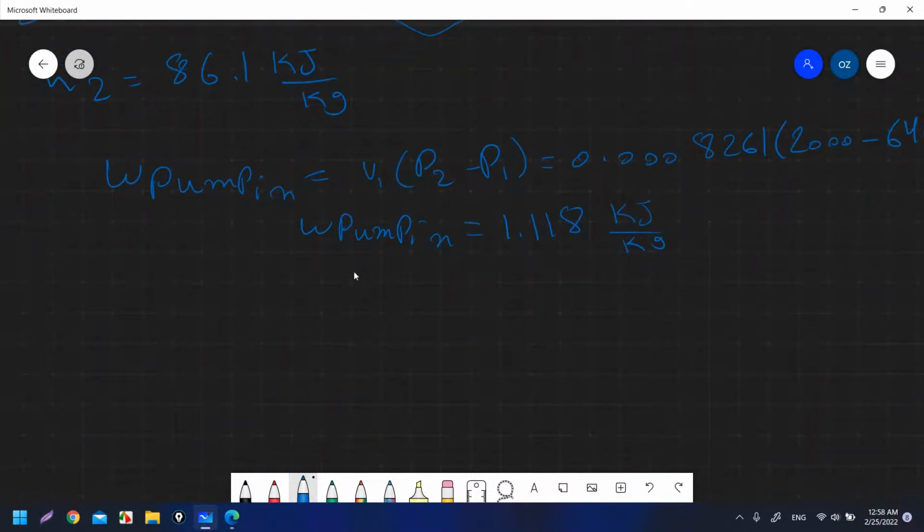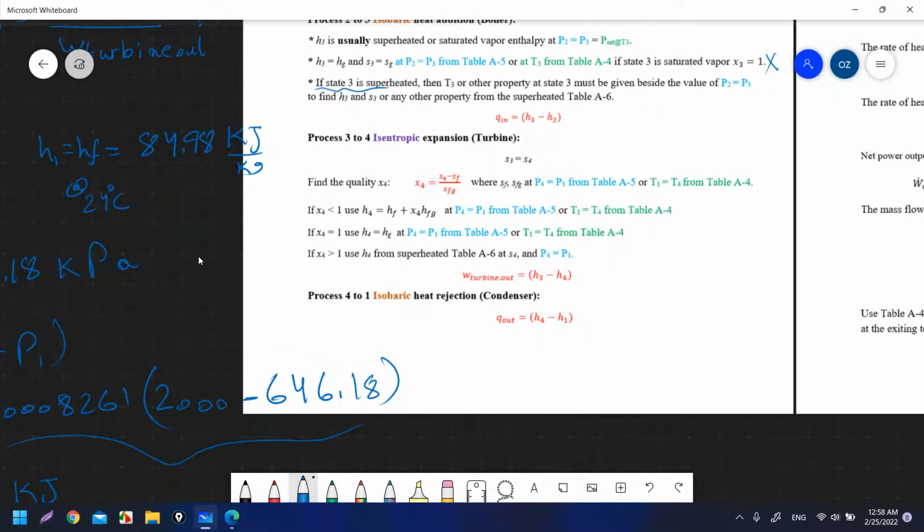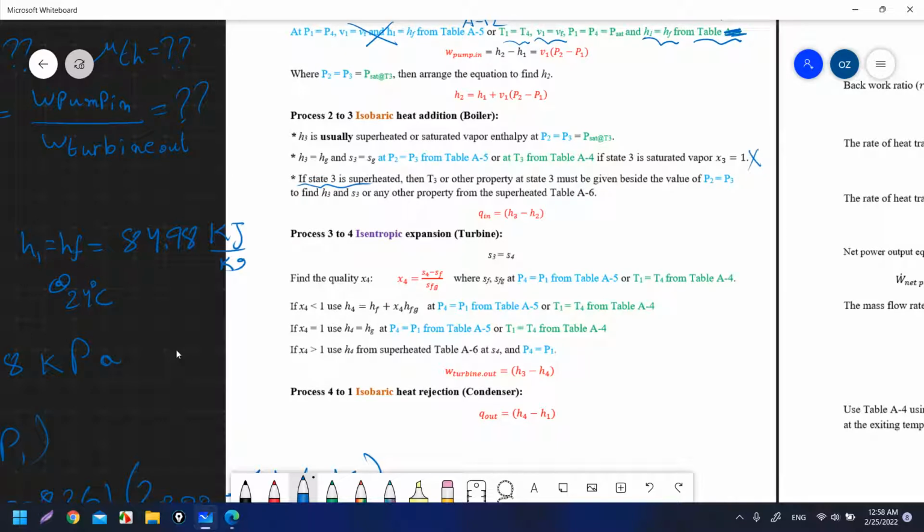Why A12? Because it is the pressure table for the refrigerant. So here, instead of table A5, table A12 for refrigerant. So don't confuse between these two or use the wrong table. I made this mistake in the midterm.